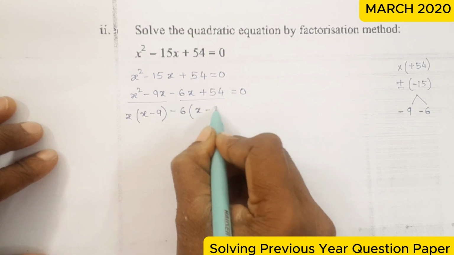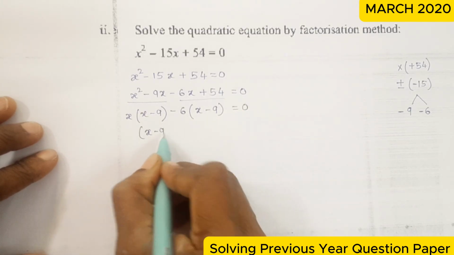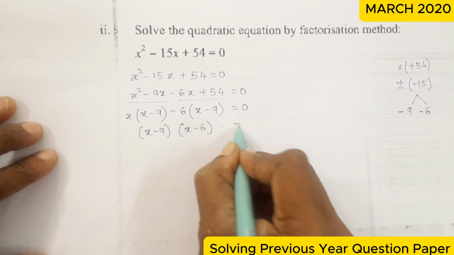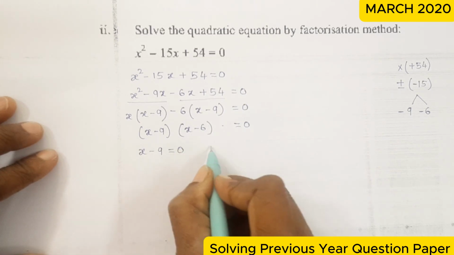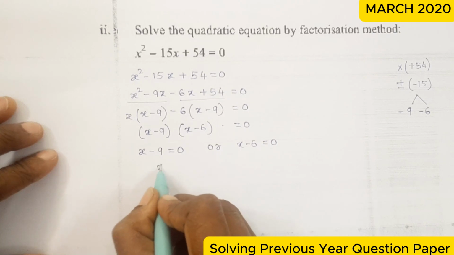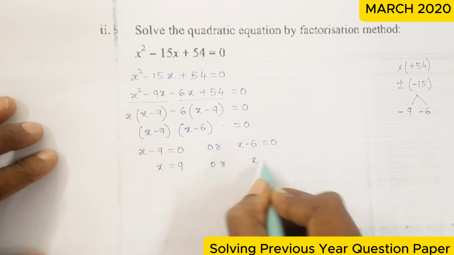So x minus 9 in the first bracket, x minus 6 in the second bracket, which is equal to 0. So here students, x minus 9 is equal to 0 or x minus 6 is equal to 0. So x is equal to 9 or x is equal to 6.